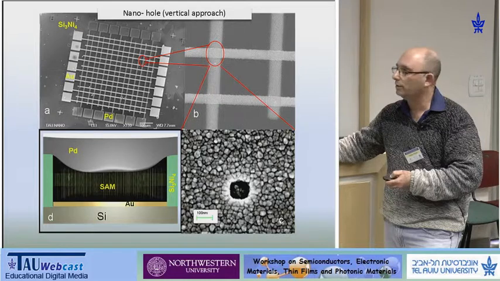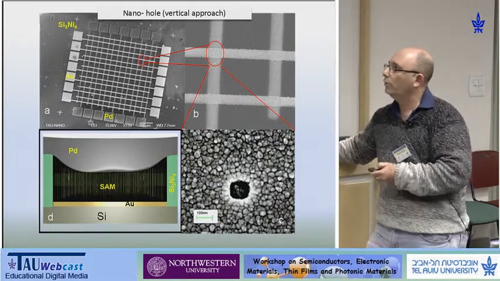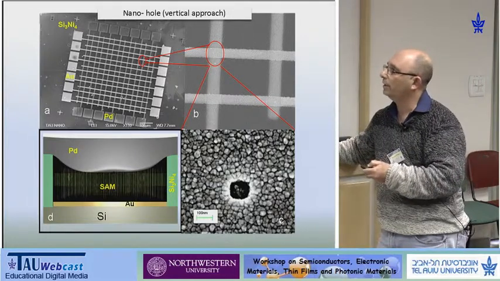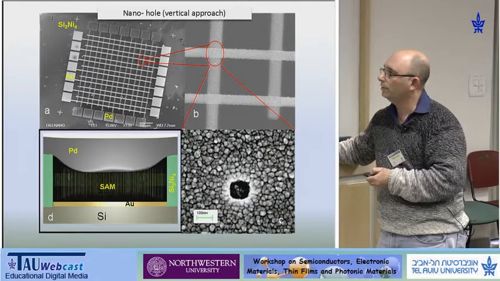Inside this nanohole, this is the self-assembled monolayer, and with the nanodots or the nanoholes method, we could make some kind of mesh device, and some other types of devices.